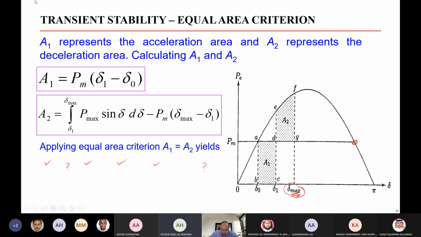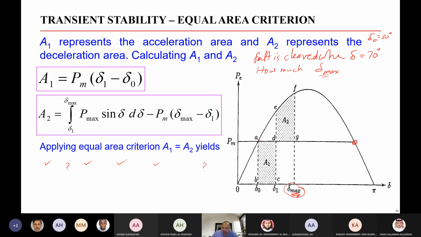My question here, Ayub: if I say the fault is cleared when delta becomes, assume delta 0 equal to 30 degrees, the fault is cleared if the angle reaches 70 degrees. How much is delta max, the maximum oscillation?